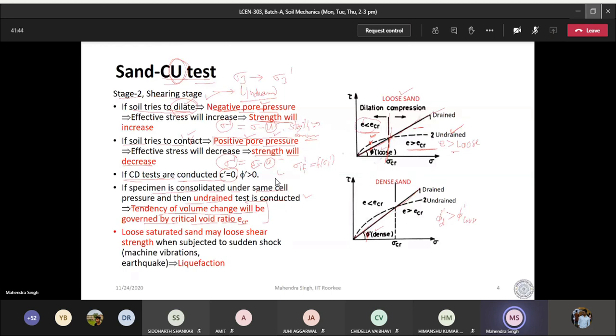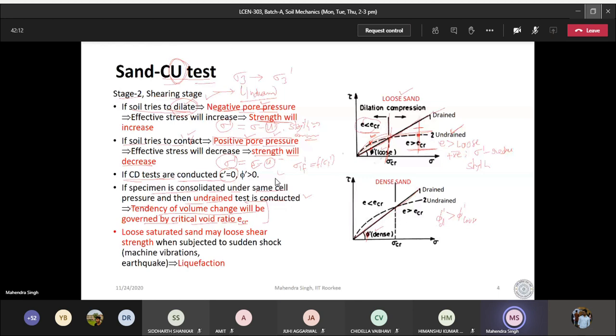Because of contraction, it is going to develop positive pore water pressure. Because of positive pore water pressure, its effective stress will reduce, and when effective stress reduces, strength will reduce. So it is going to have this much strength. You are going to have this kind of behavior in case of undrained soil.